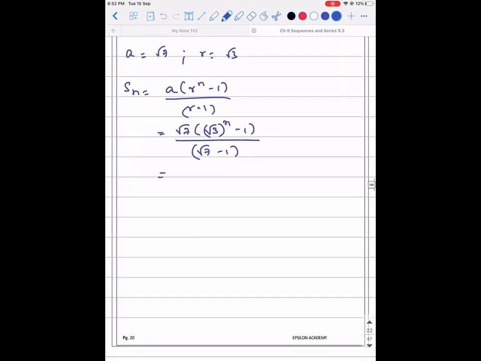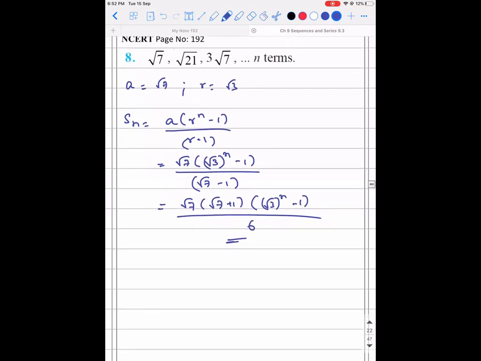So if you rationalize it, you will have root 7 into root 7 plus 1 into root 3 power n minus 1, the whole divided by 6. Okay.